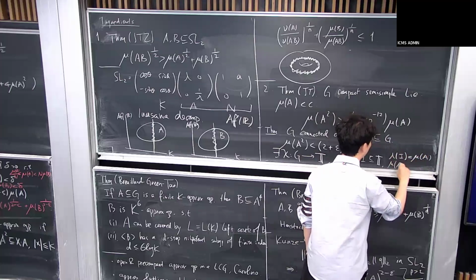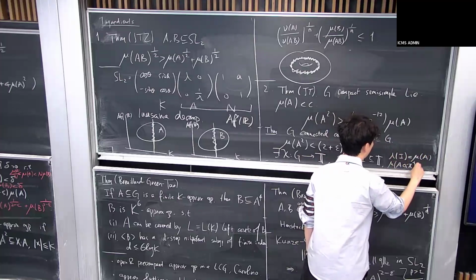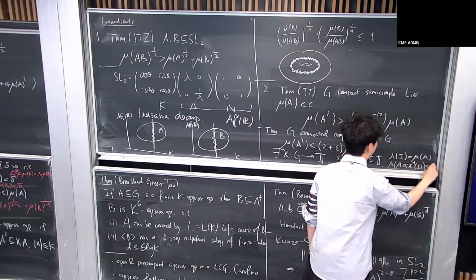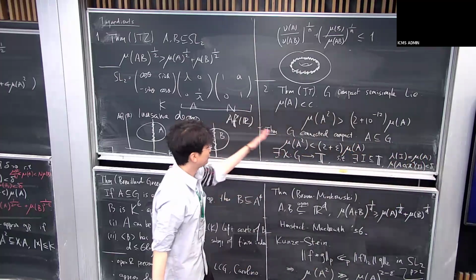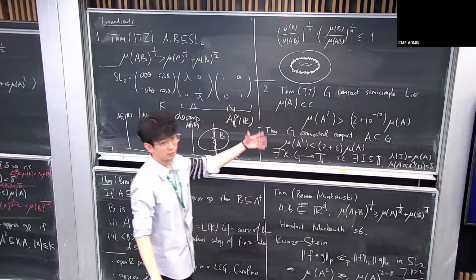The measure difference between A and K inverse of I is smaller than that. I didn't really mention the dependence between epsilon and delta. I just want to give you a sort of flavor.